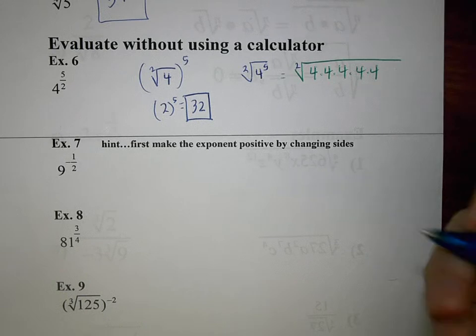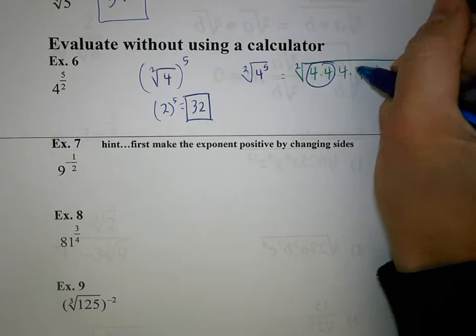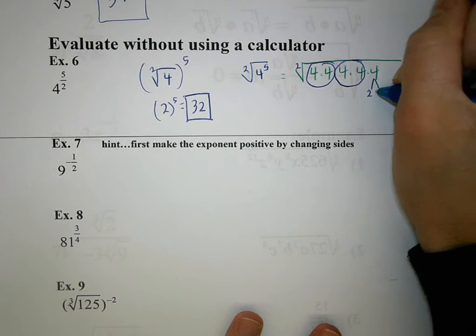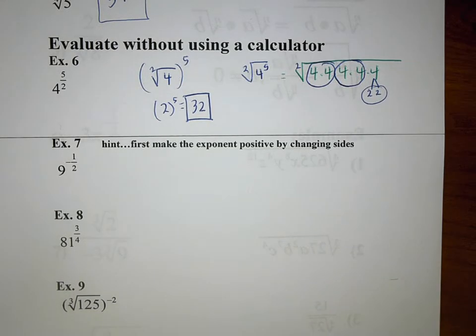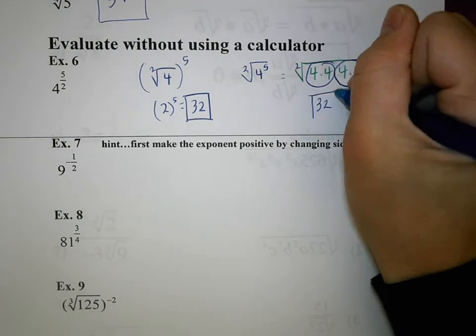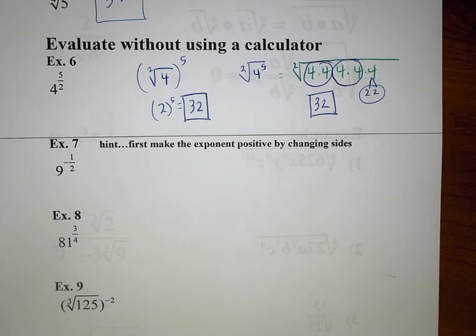So I have 2 4s, another 2 4s, and then this 4 can break down to 2 times 2. When I bring that out, I have 4 times 4, which is 16, and 16 times 2 is 32. Do you see how you would get the same answer either way? It's up to you, whatever makes the most sense to you, do it that way.